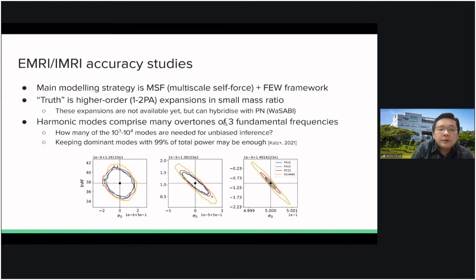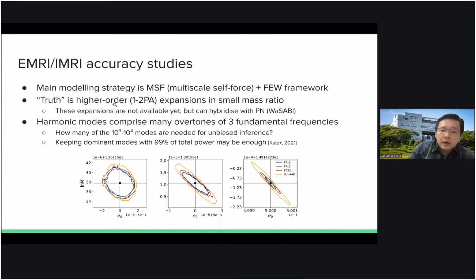Okay, on to MREs. Here, the main modeling strategy is the multi-scale self-force approach, and the implementation is done on the FEW framework, where we accelerate with GPUs. The MSF approach does contain what we can call truth, in the form of higher order expansions of the evolution of these orbits, expansions in the small mass ratio parameter.